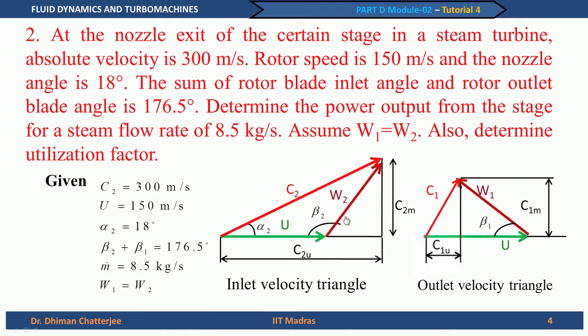We can draw the velocity triangle with C2, W2 and U. Please note that U is the same for both inlet and outlet, because we are talking about an axial flow machine, and we have the other components C2U, C2M and the corresponding components C1U and C1M shown. As we discussed in the last lecture, we can use the common base method and draw the velocity triangles one on top of the other with the common base.